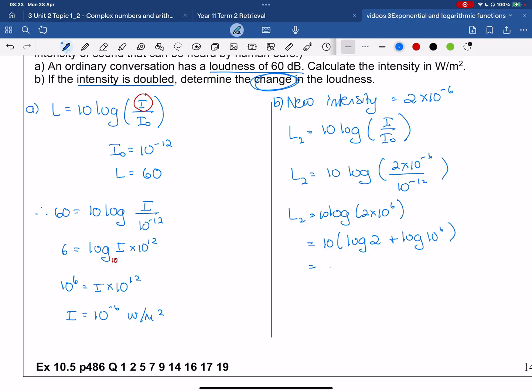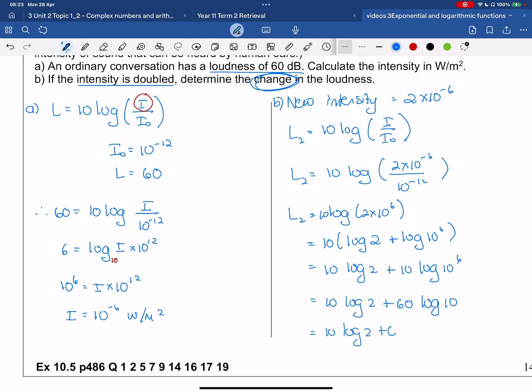And that's going to be 10 log 2 plus 10 log 10 to the 6, and that becomes 10 log 2 plus 60 log 10. Of course, log 10 is just 1, so 10 log 2 plus 60.